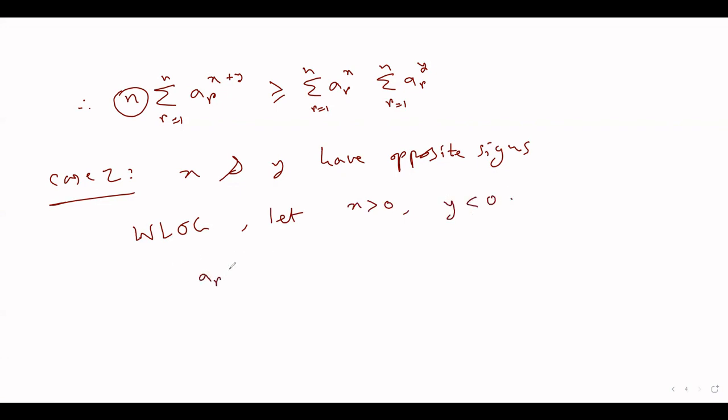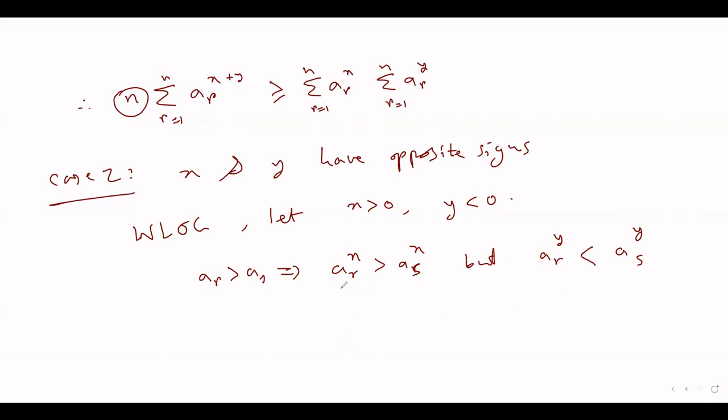Then AR greater than AS would mean AR to the power X is greater than AS to the power X, but if you compare AR and AS to the power Y, since this is a negative power, we are taking the reciprocal on both sides of the inequality. So this becomes less than.